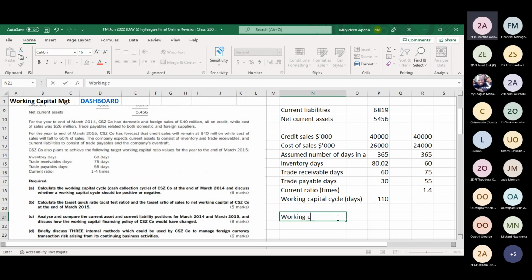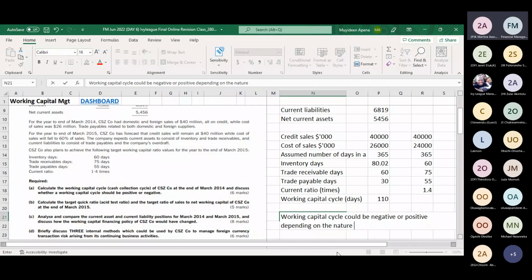In my own opinion, I don't think there's a particular rule. It all depends on the inventory, the trade receivable and trade payable days. If you're delaying the payment for your payables, your working capital cycle will most likely be negative. That's if your receivables are paying you faster than you are paying your payables.